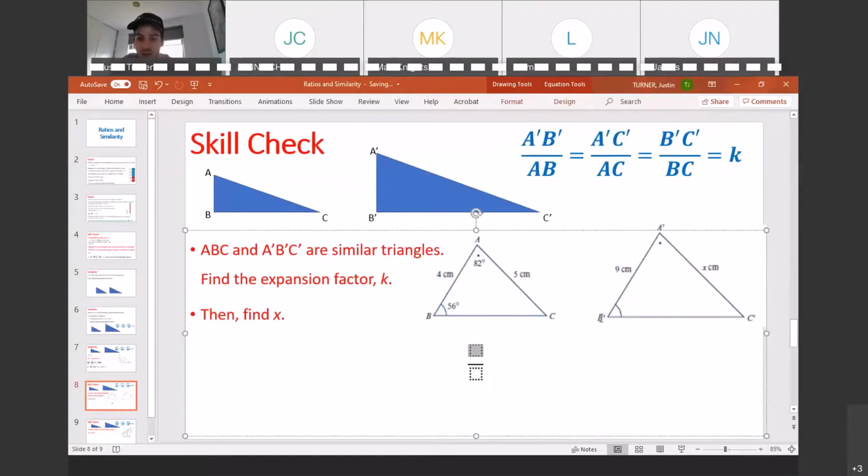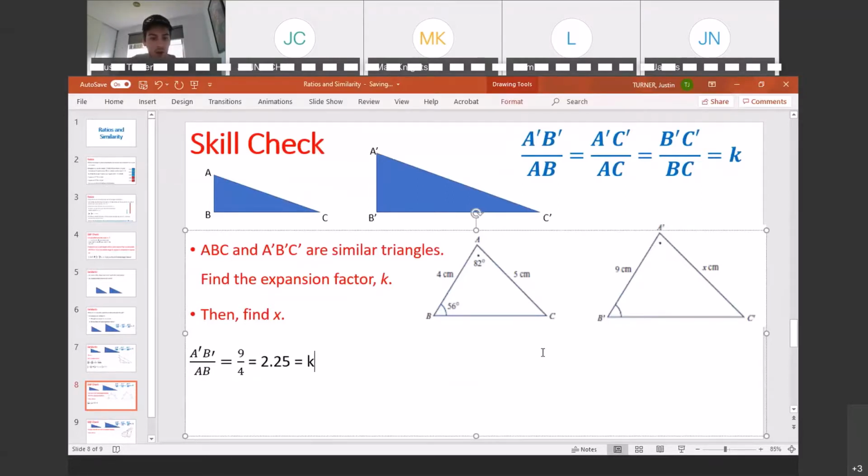I know this side length is 9 centimeters, and I know this side length is 4. So A prime B prime divided by AB is going to be our scale factor to start with, 9 divided by 4. When I put that in my calculator, I've got 2.25. Our scale factor k is 2.25.